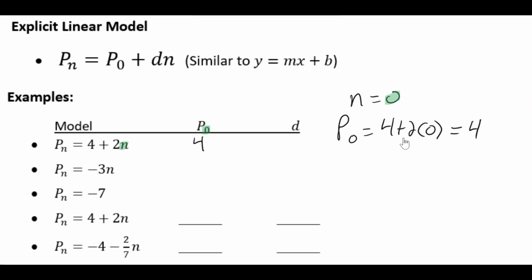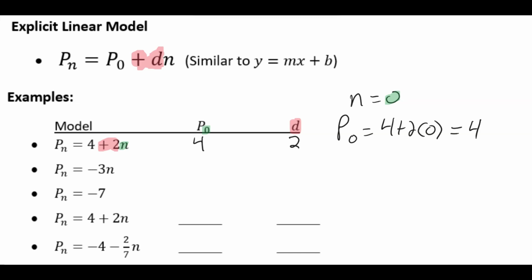Now the d itself, the d is the coefficient, including the sign, of the n variable. In this case, we have positive 2. So d equals 2.